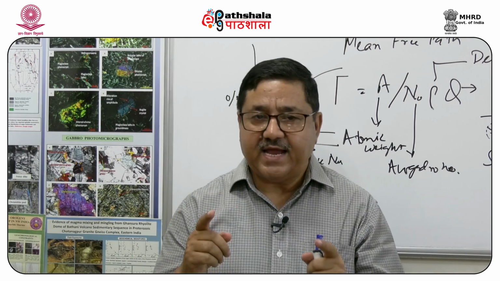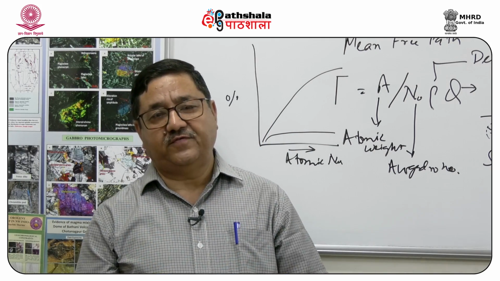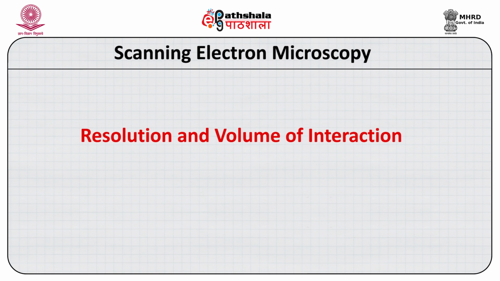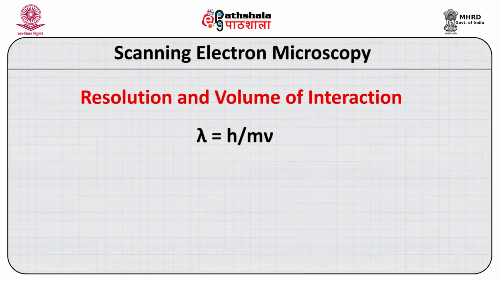Now, we will look at the resolution of the incident electron beam. I mentioned earlier that the investigation by a beam is related to its wavelength, that is equivalent to half its wavelength. Now, when we try to analyze the wavelength of an electron beam, it can be expressed by this relationship, which relates Planck's constant and momentum of the particle. The wavelength becomes related by this equation.